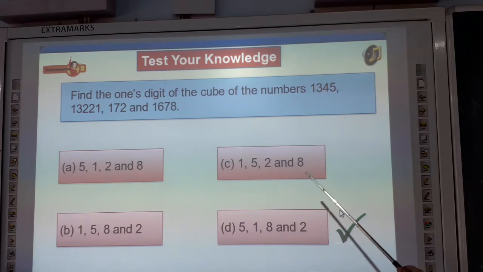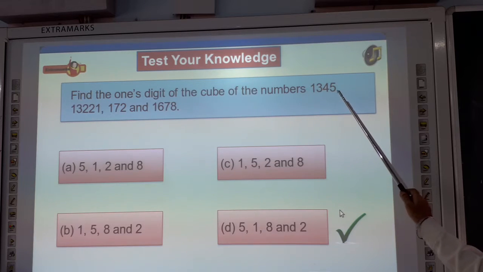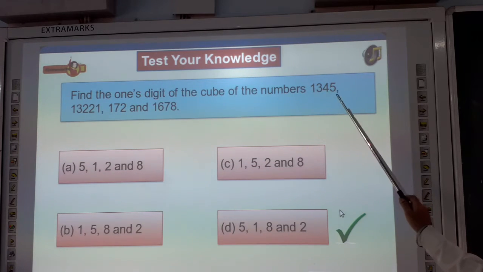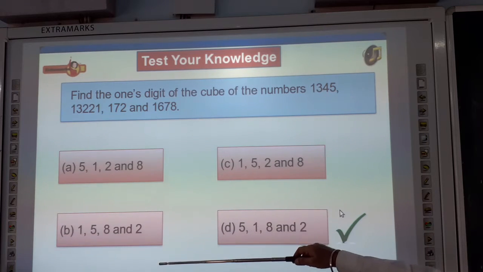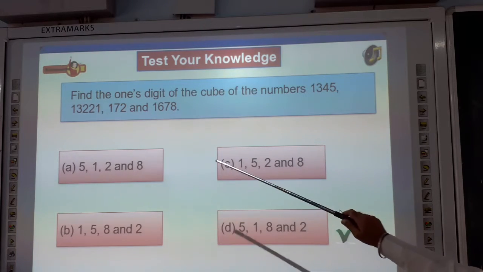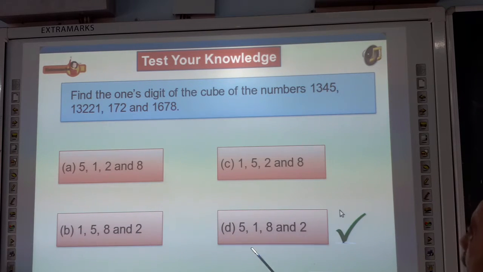So here we have to select the correct option. Here it will be 5 for the first place, at the second place it will be 1, and then at the third place it will be 8. 5, 1, 8 and at last 2. So D part is the correct option.